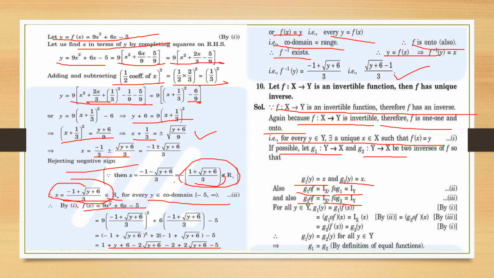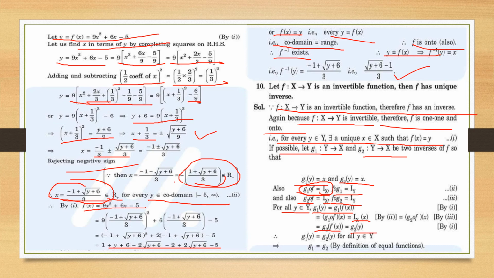Now for all y belonging to Y, g1(y) equals g1(f(x)), because y is equal to f(x). It becomes g1 of f(x) equal to Ix of x, which is equal to g2 f(x), which is equal to g2(y) by equation number 1.